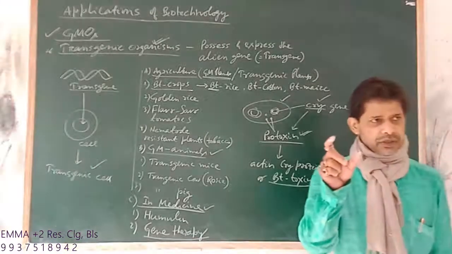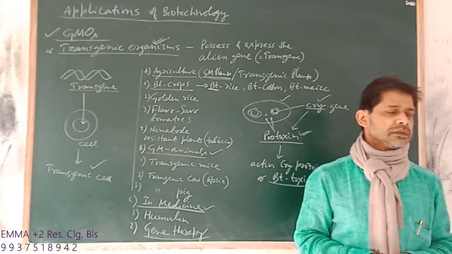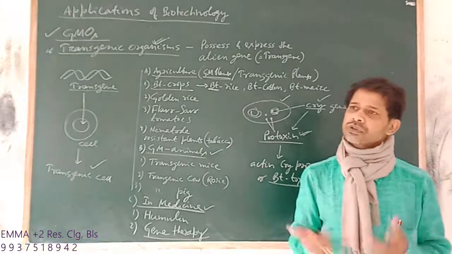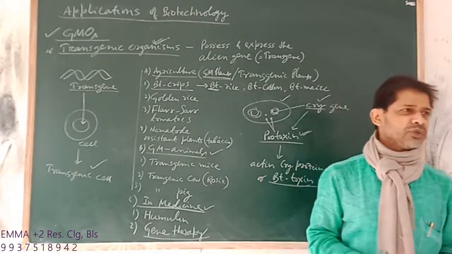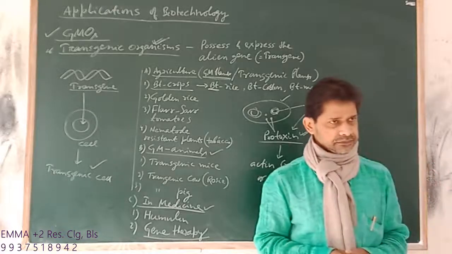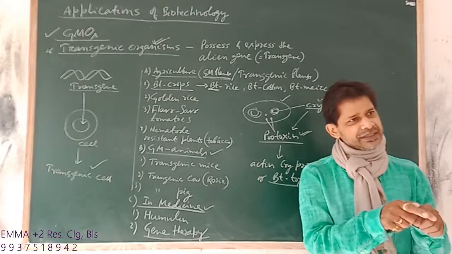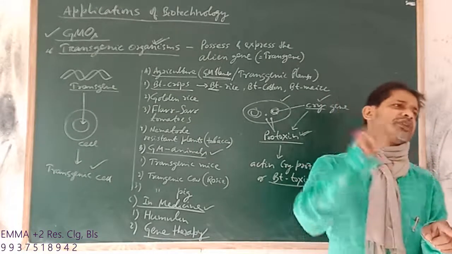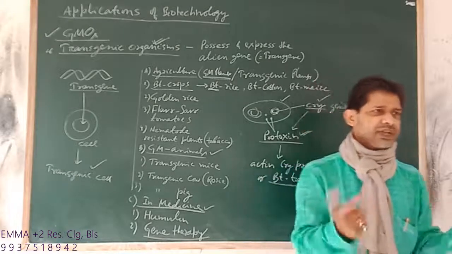Insect caterpillars eat the leaves of the plant, so automatically crop production will reduce. So at that time what are we doing? We are using chemical pesticides. So chemicals not only kill the target insect, but also kill non-target organisms like birds, fish, like this.